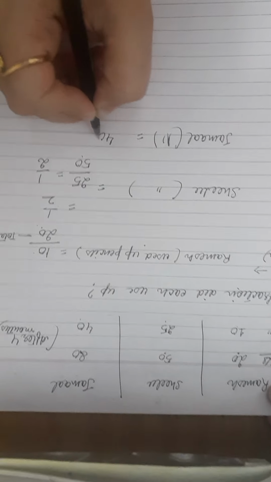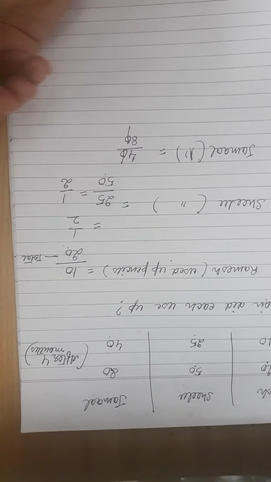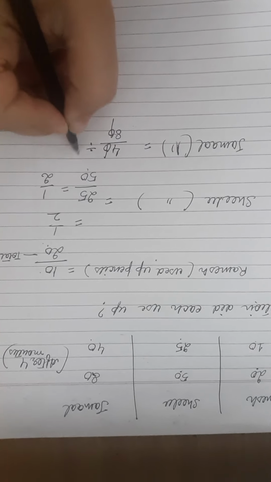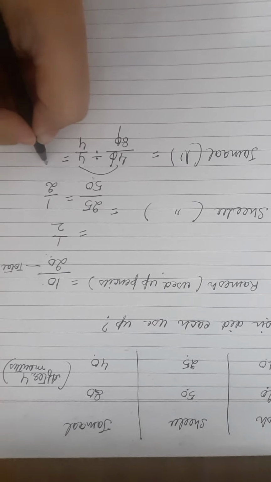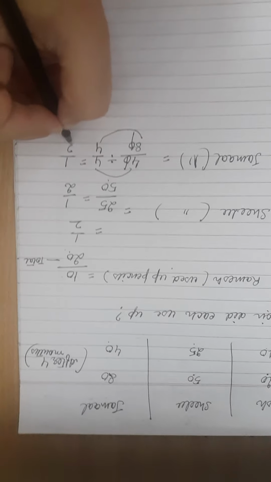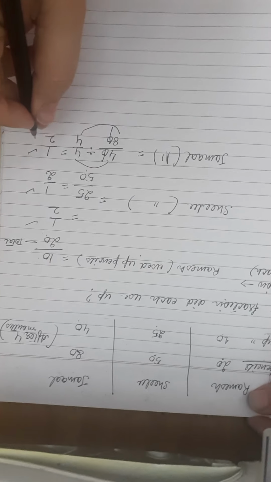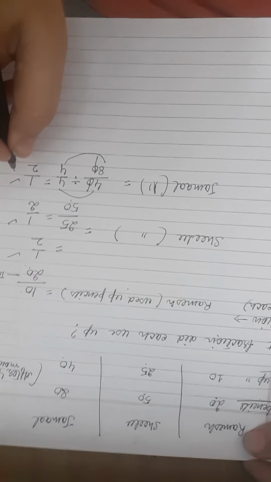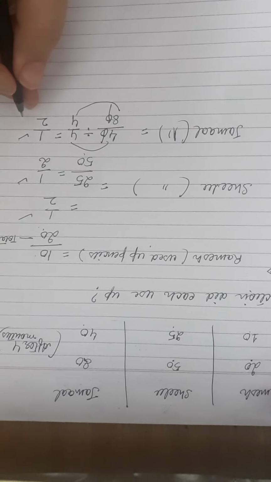He used up 40 pencils out of 80. Cut 0 with 0. You can do it like this, or you can divide by 4. 4 divided by 4 is 1. 8 divided by 4 is 2. So think about it. Are they equal? Yes. So you will say yes, each has used up an equal fraction of his or her pencils.